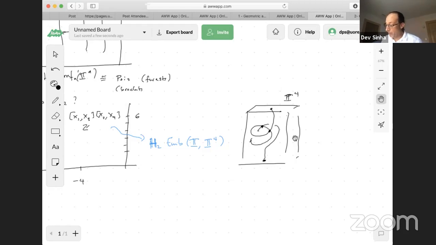So I want to make an element of H2. That means I want a two-dimensional family of embeddings. That two-dimensional family of embeddings is going to live in a sort of a small neighborhood of this singular knot. And so for each of these double points, well, they span some two-dimensional subspace of R4 locally.